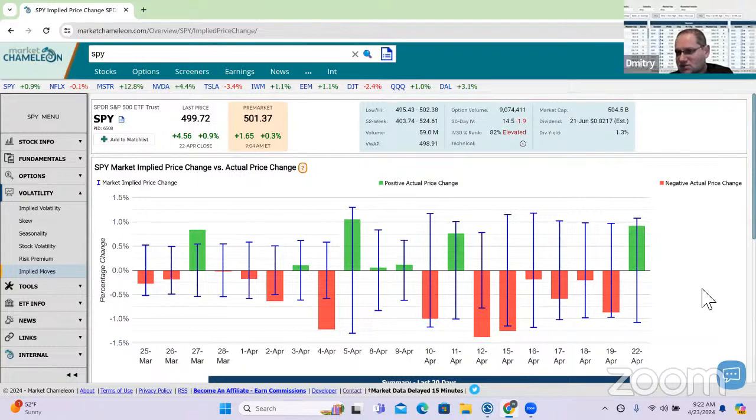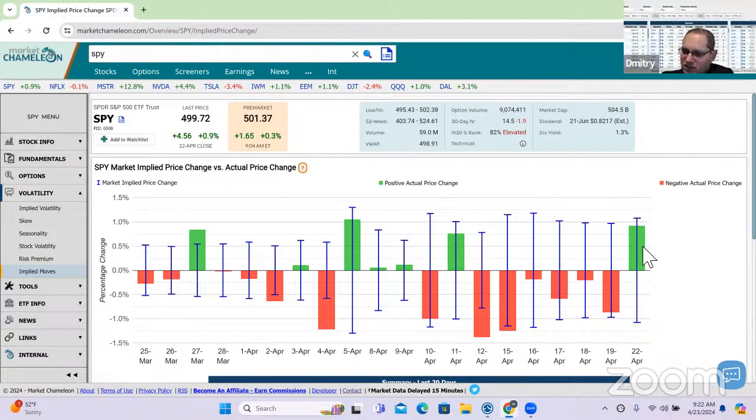So that's what the implied volatility does. It tells you the implied average daily move, up or down. So the bar is showing you up or down. This is what the market implied at the end of a full trading day, where it closed. Then we capture that, store it, and compare it to what actually happened the next day.